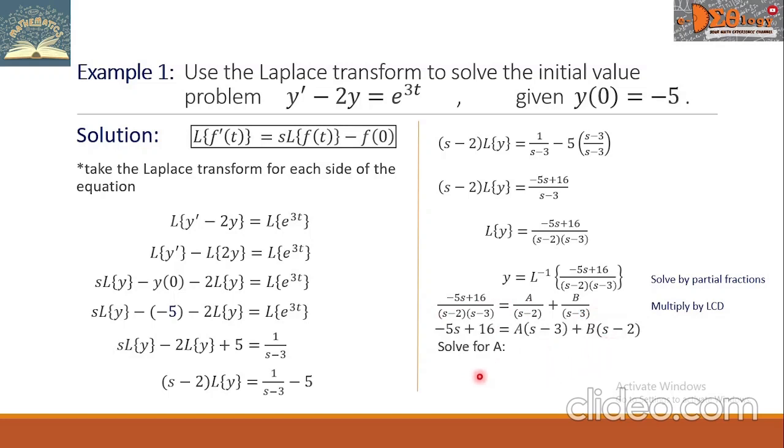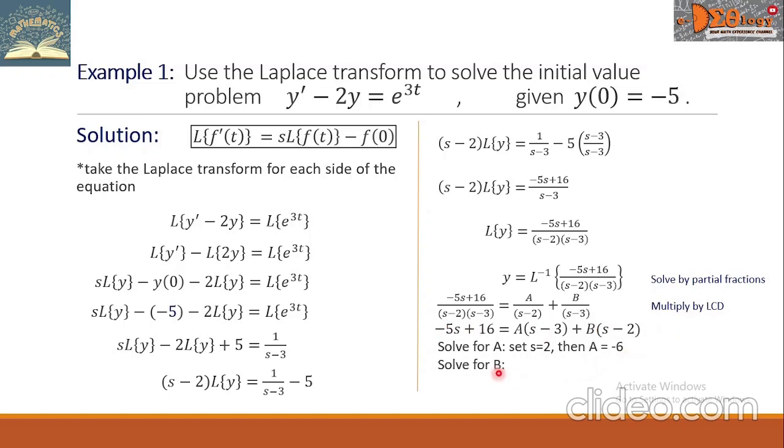Now let us solve for a. Look at this variable b with a factor s minus 2. Let us eliminate b by setting s equals 2. Let us substitute the value 2 to all s in this equation. And then we will find that the value of a equals negative 6.